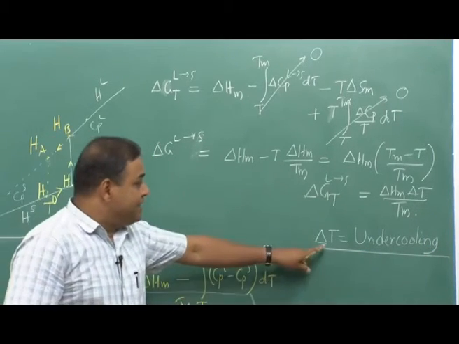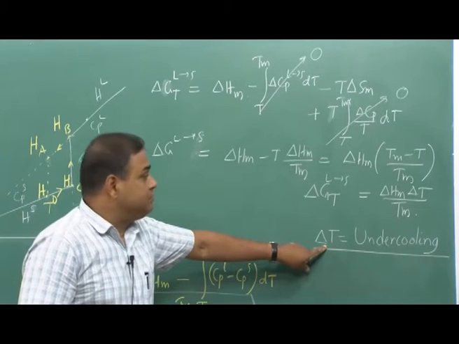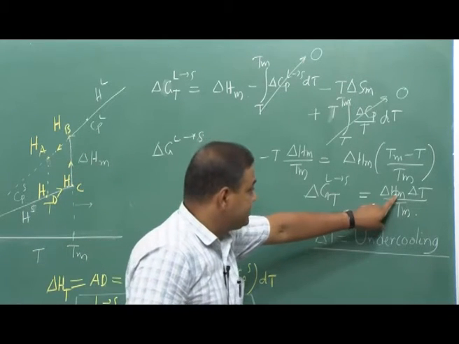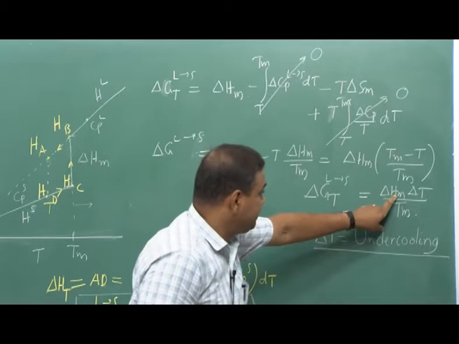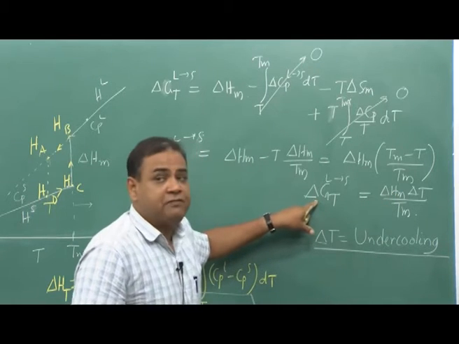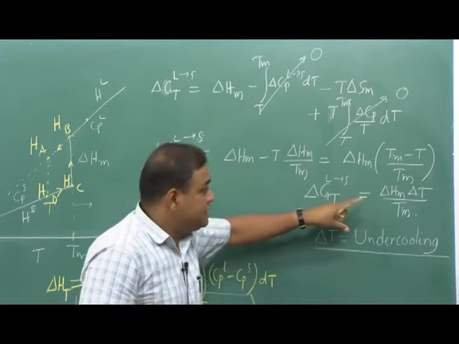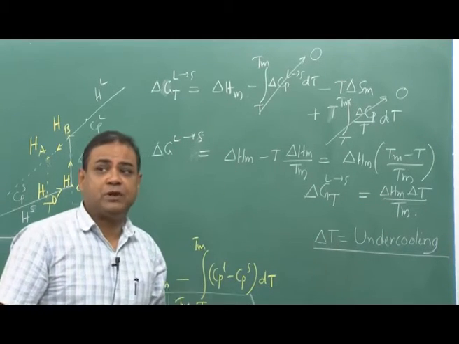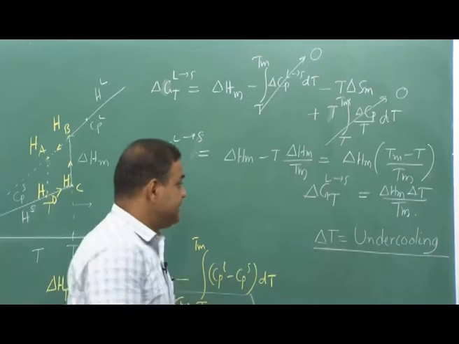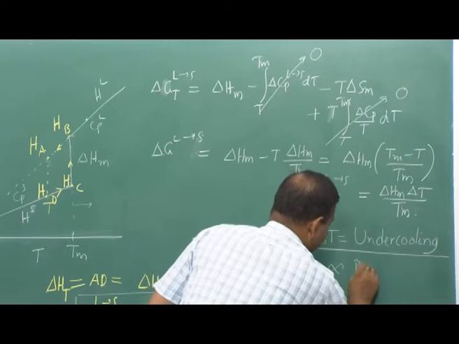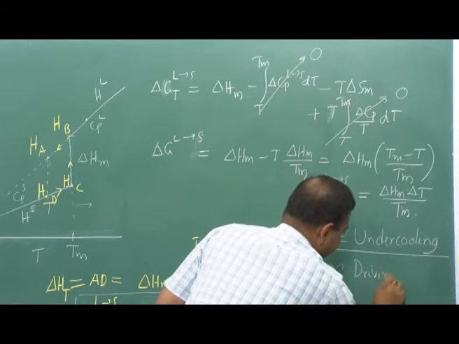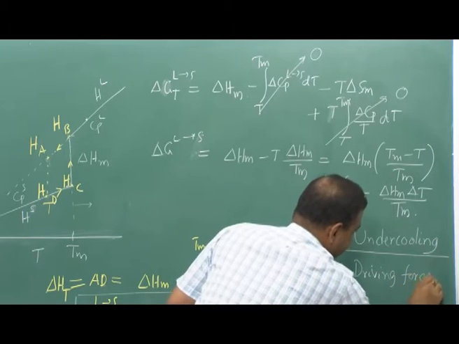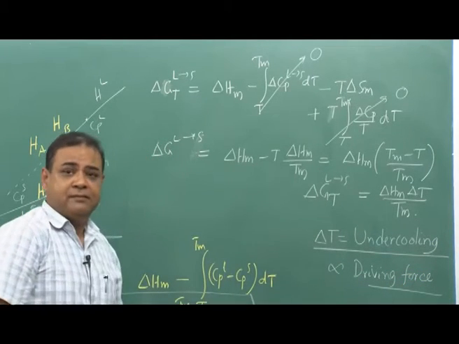See, this undercooling term, we see that undercooling is directly proportional to the driving force, because these two terms are constant for a particular metal. So, that means this is proportional to driving force. What does it mean?